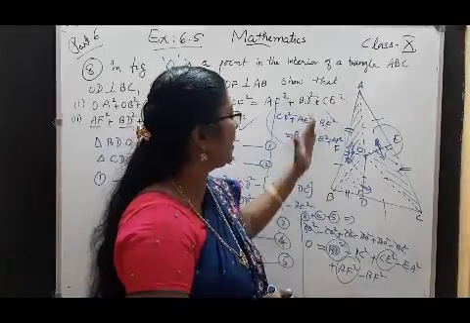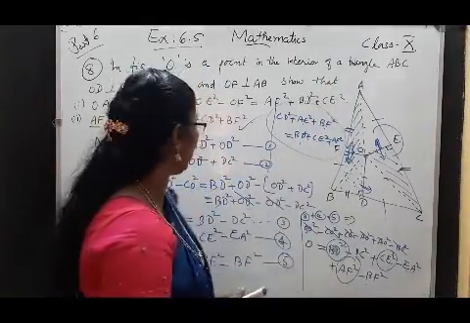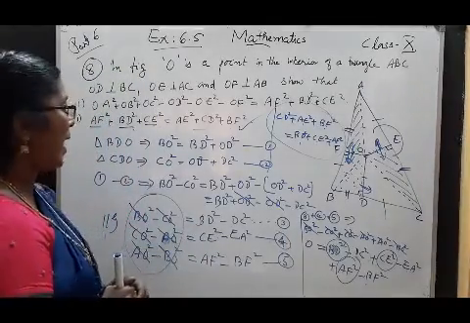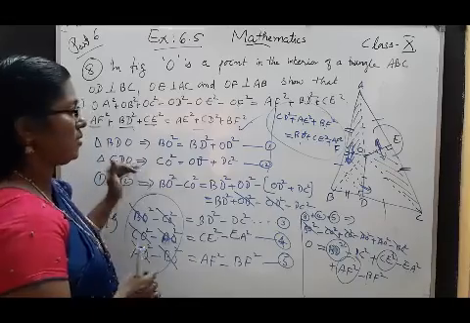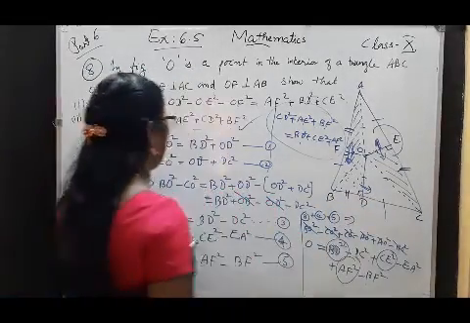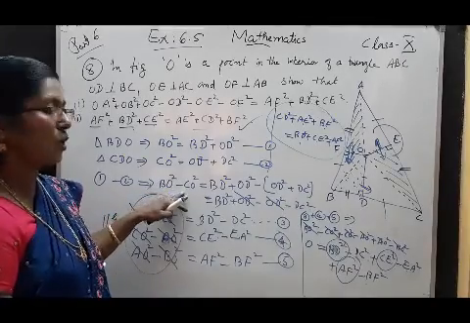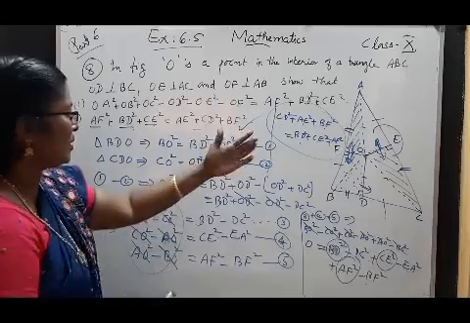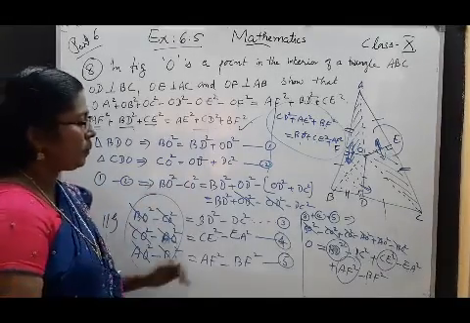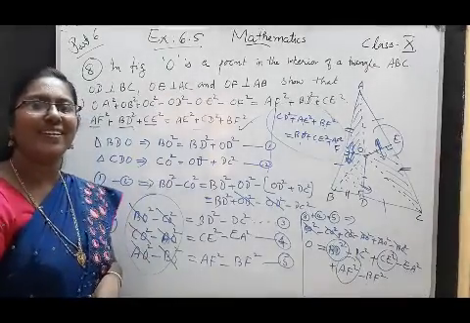And on the side AB, divide into two triangles, take those two triangles. By using Pythagoras theorem, you write this and take the difference of these two triangles. Equation 1 minus equation 2, you get BO square minus CO square. After that, similarly, we can write the remaining two triangles. Then by adding this, you get the answer. Clear?